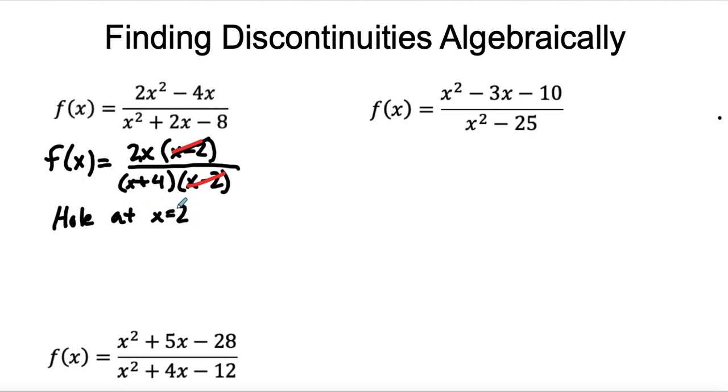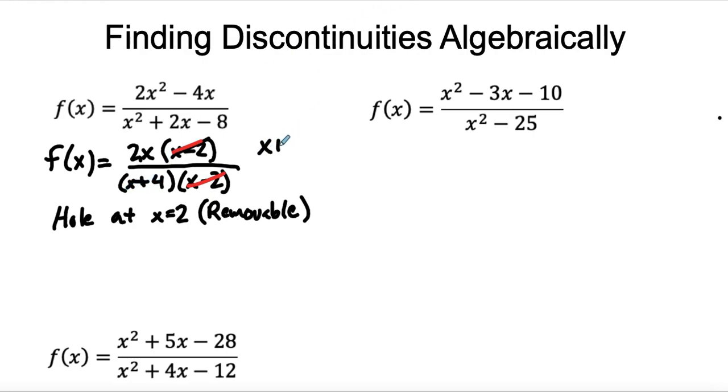Notice it's 2 because if I input 2, I get 2 minus 2 is 0 over 2 minus 2 is 0. So I get a 0 over 0, and that's how I know the hole is at x equals 2. And remember, that is a removable discontinuity. Okay, and then the next one: what's giving me a 0 in the denominator when we have x plus 4?